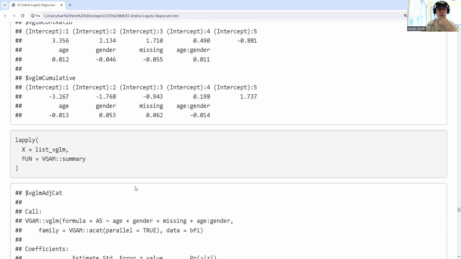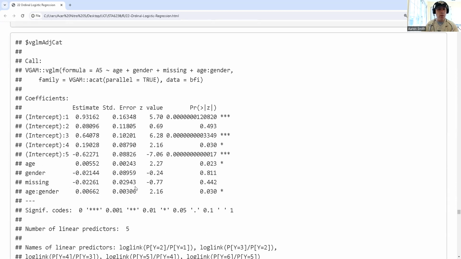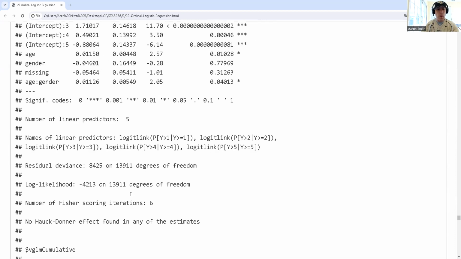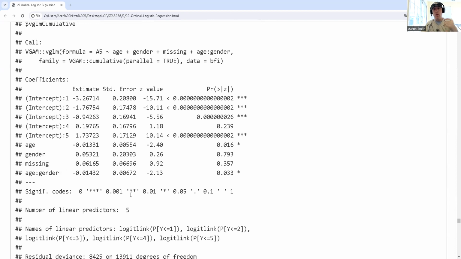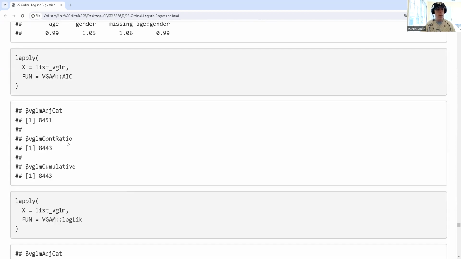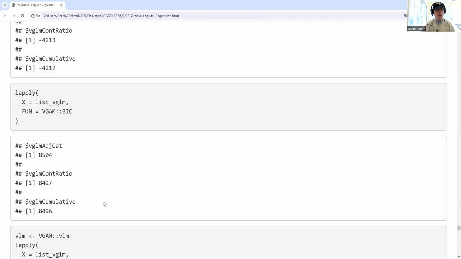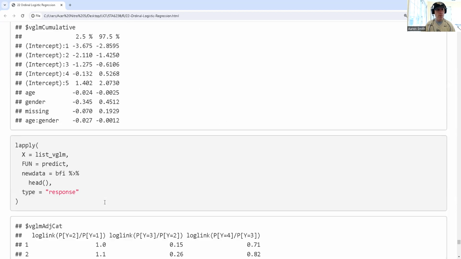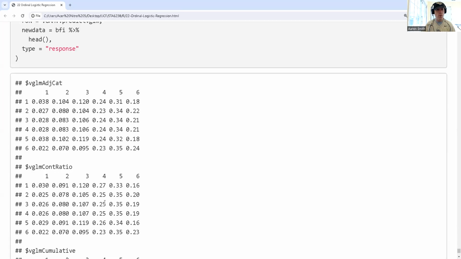And we get plenty of things that we can pull out, plenty of things that we can analyze. This package has been good to me. I like it. It's a good one to use. I can get my AIC if I want to compare. Lots of stuff to dig into with this.